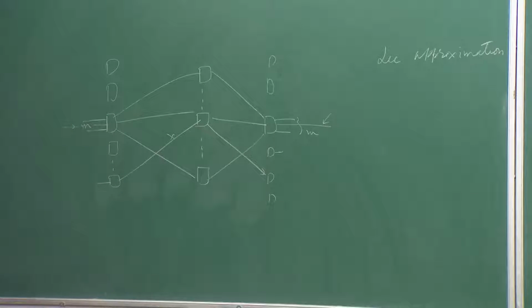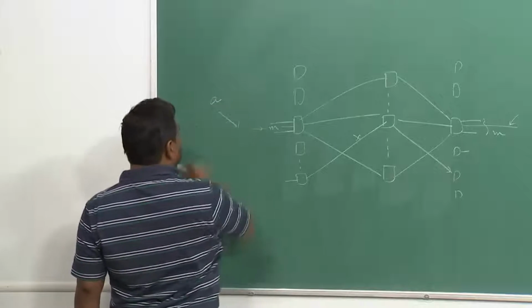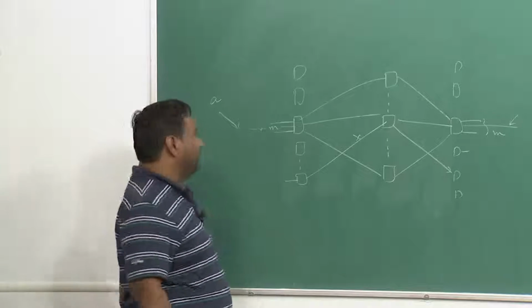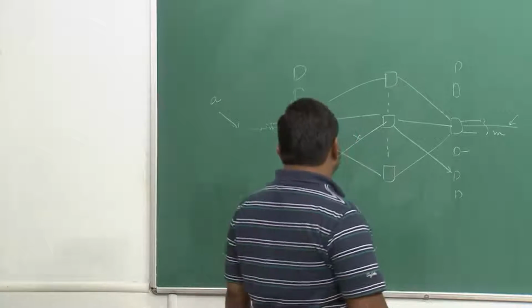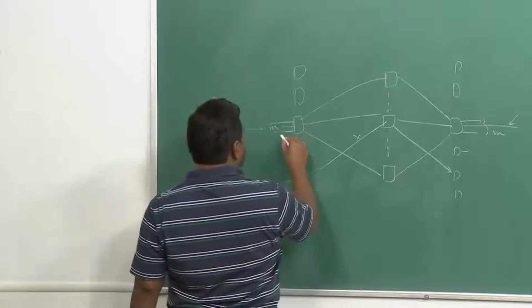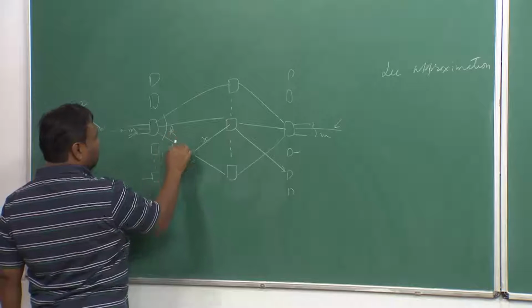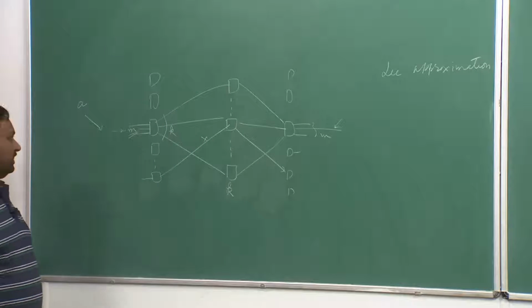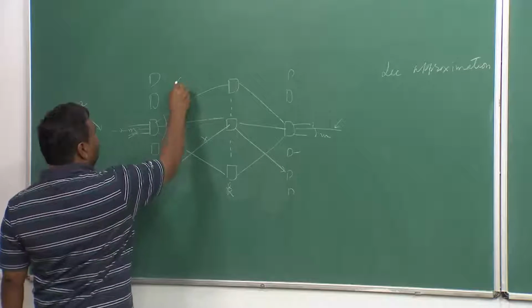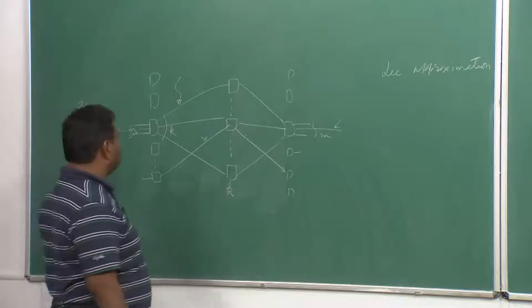This is a very simple and trivial exercise, not a great deal. The call arrival rate we define as A, the probability that this link will be active or a call will be coming up. If this is m and these are k links, where k is the number of middle stage switches, in a Clos configuration, what is the probability that this link will be occupied? It is a very simple calculation.